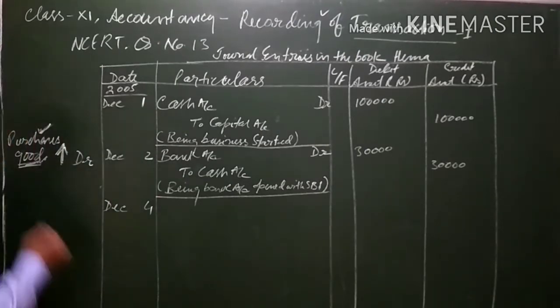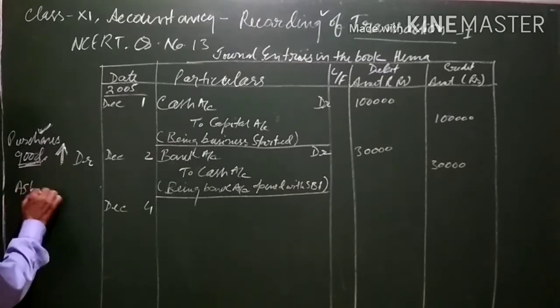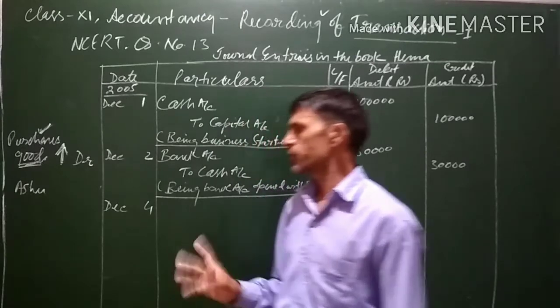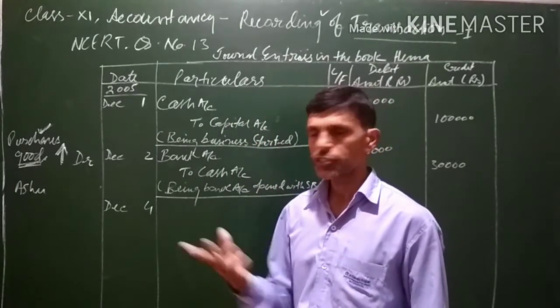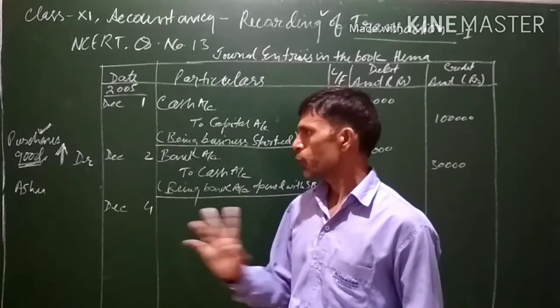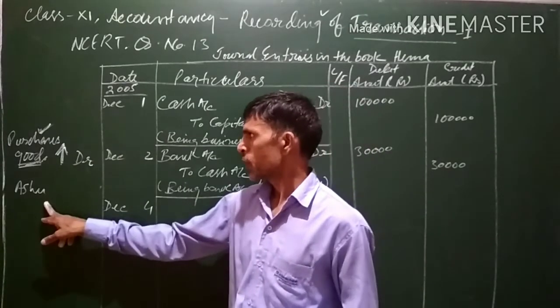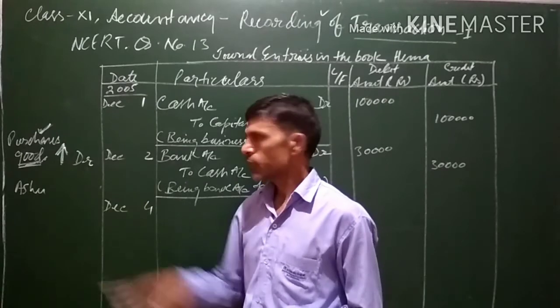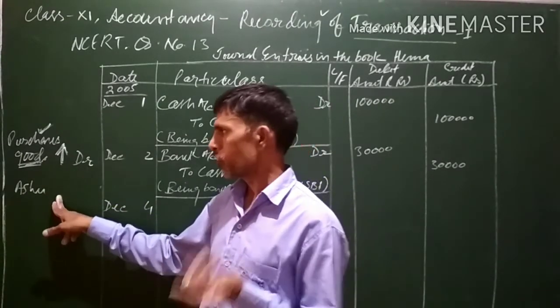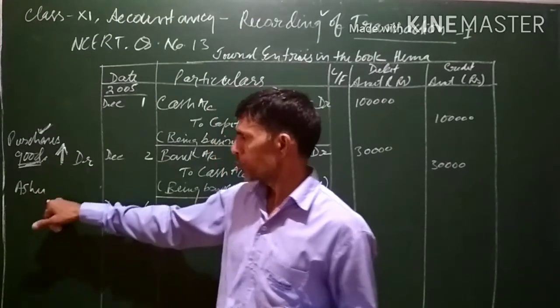The other party involved is Ashu. One important thing to keep in mind in this journal entry is that whenever in a transaction some purchase or sales is given, and nothing is mentioned about cash, and the name of the party is also given, just like here, goods has been purchased from Ashu, and nothing is mentioned regarding whether the goods were purchased for cash or on credit, and the name of the party is given.